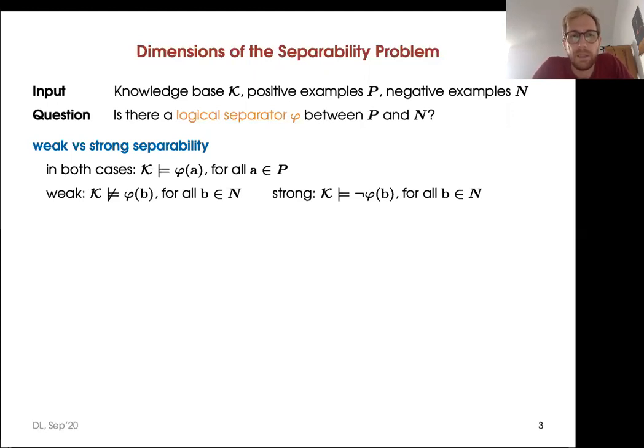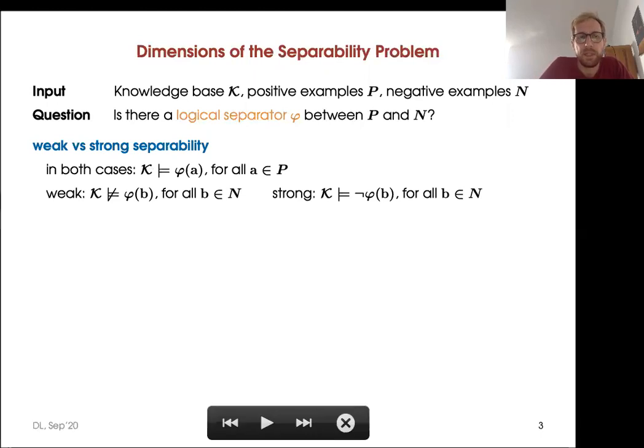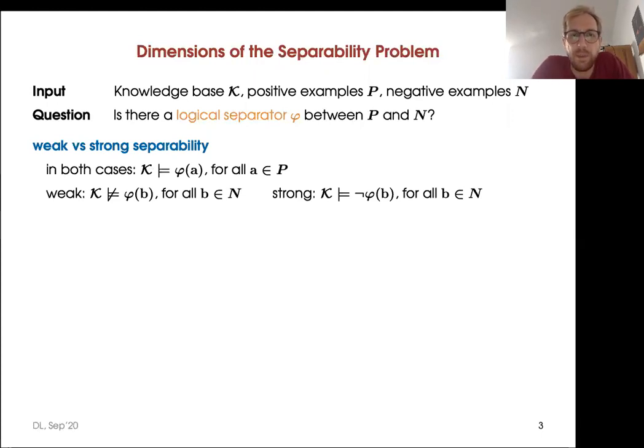Then in the weak case, we require that the logical separator is not entailed at all negative examples, while in the strong case, we require that the negation of the separating formula is entailed for all negative examples. Of course, the strong case is much stronger than the weak, but in closed world, they coincide. I mean, in the closed world, there's no difference between those two.